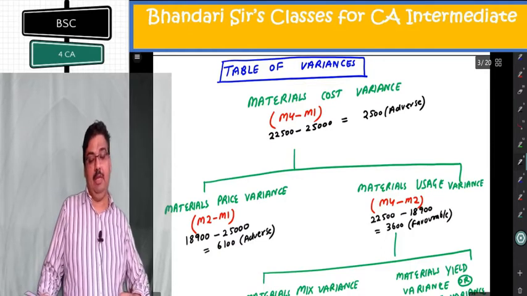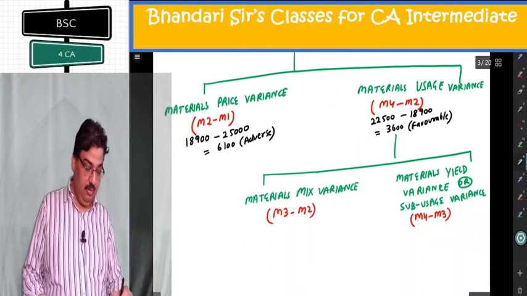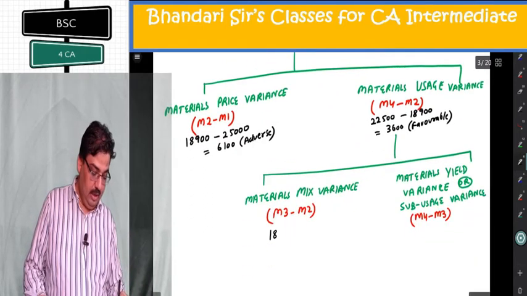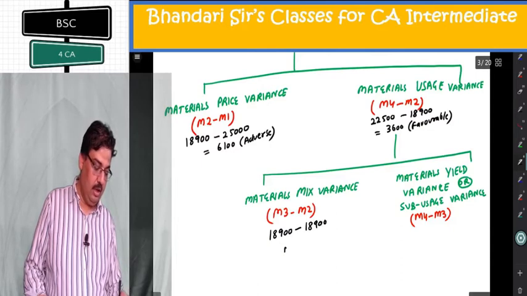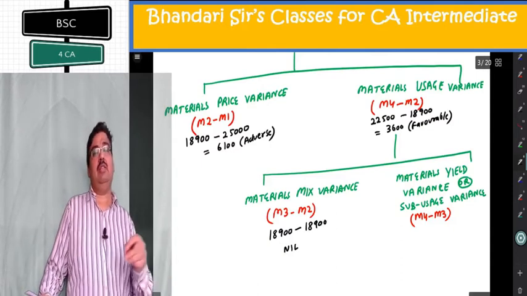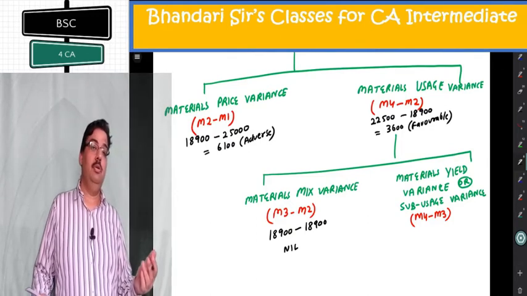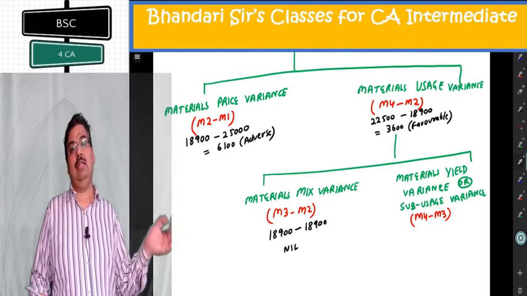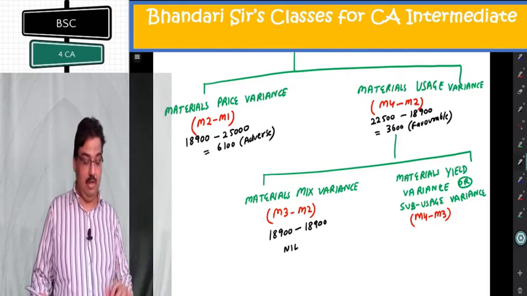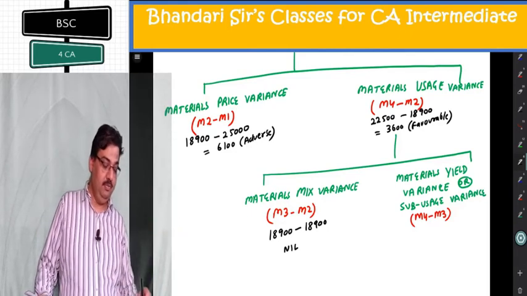Mix was not applicable. That's why M2 and M3 were equal. 18,900 minus 18,900, this is nil. Logically, when there is a single material, mix variance cannot happen. Mix cannot change. Again, interpretations you will get in the last session, interpretation of variances, but here you should be remembering this.